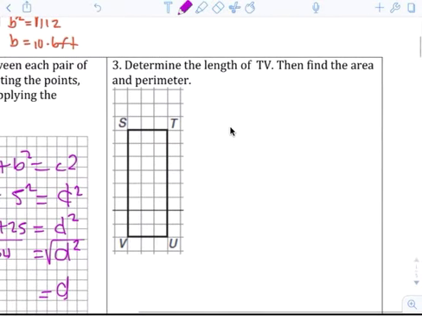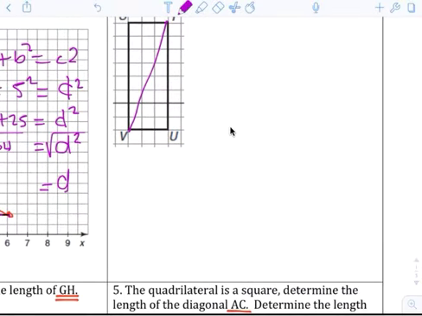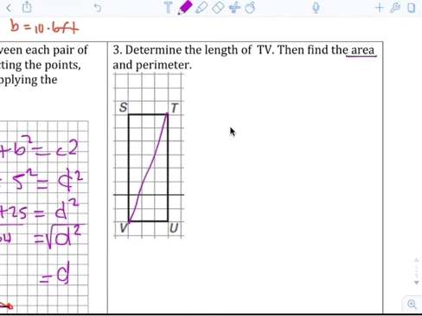Determine the length of TV. The length of TV is, put it right here, find the area. Let's do area first.